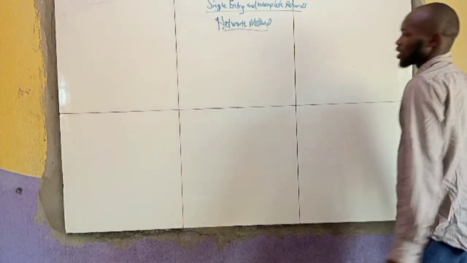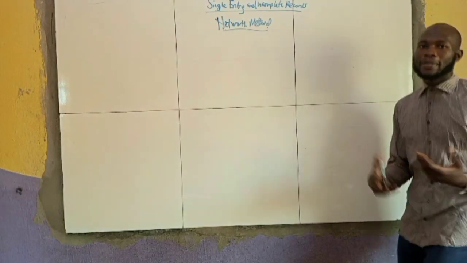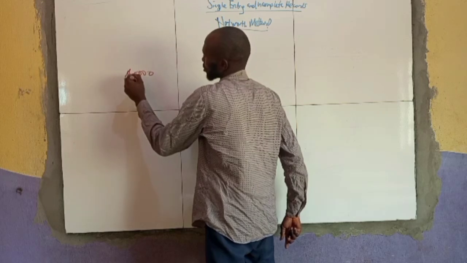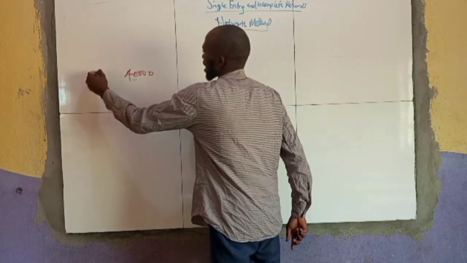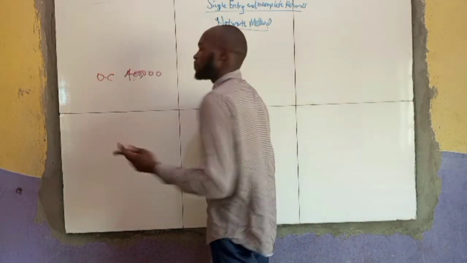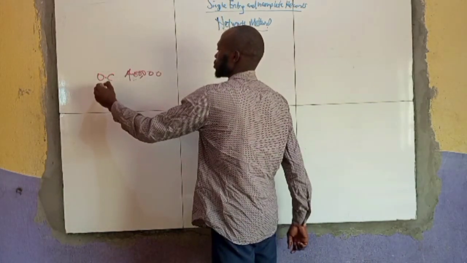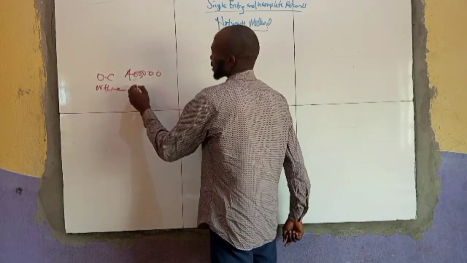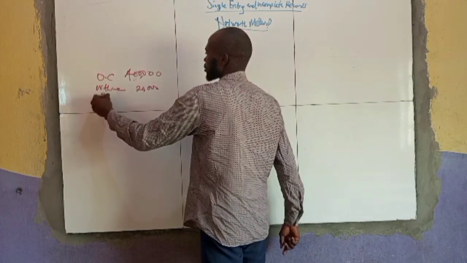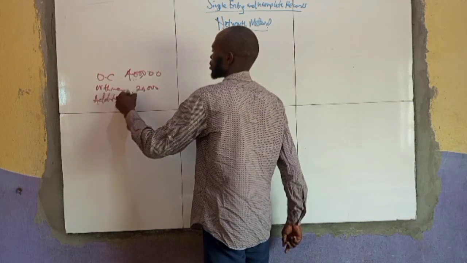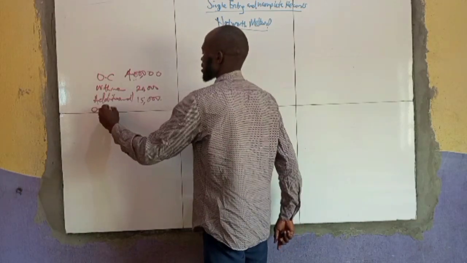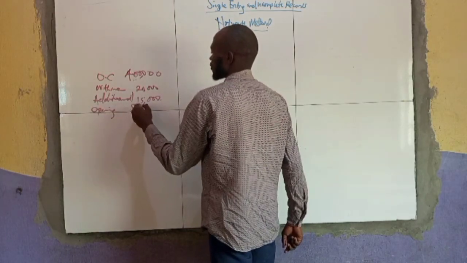If we have been provided with a particular business whose opening capital is 400,000, and during the year, the business owner withdrew for personal use 20,000, also brought into the business additional capital 15,000, and then the opening capital of the business is 250,000.